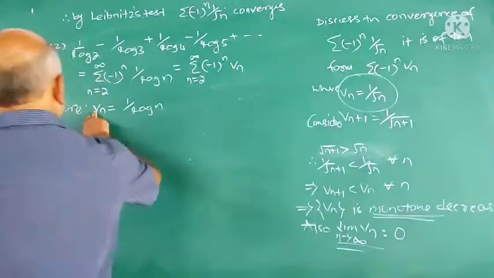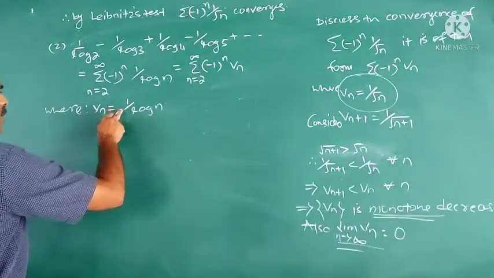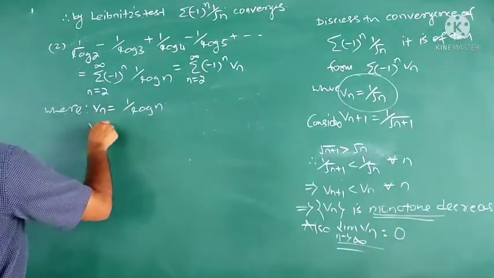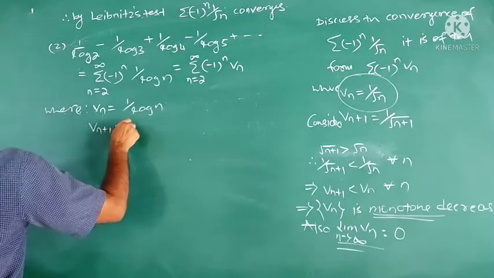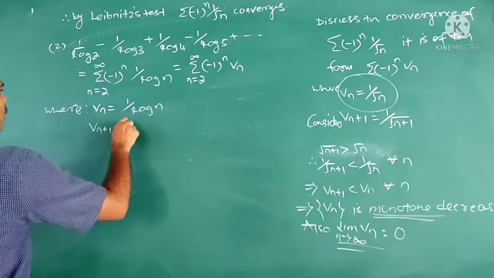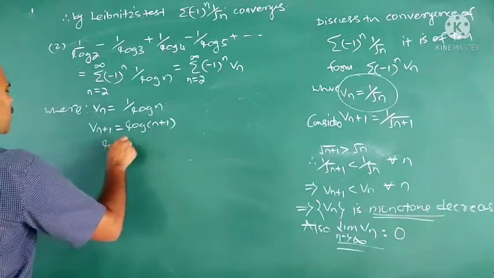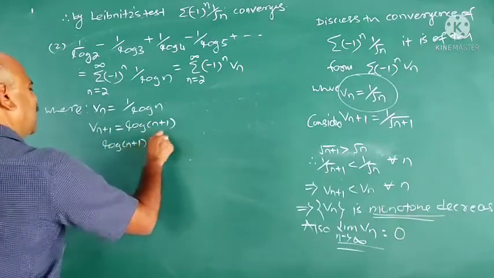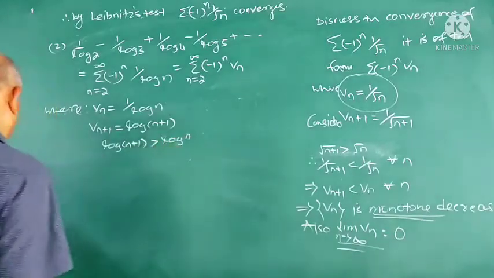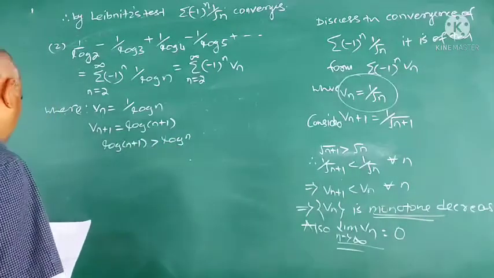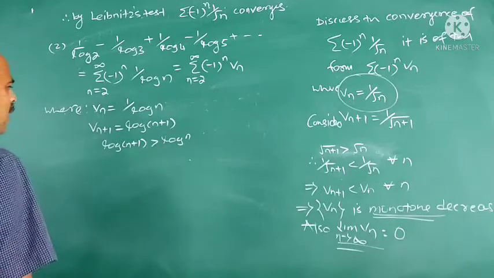Now whether it is monotone decreasing or increasing we have to find out. Vn plus 1 is 1 upon log n plus 1, and log of n plus 1 is greater than log n.